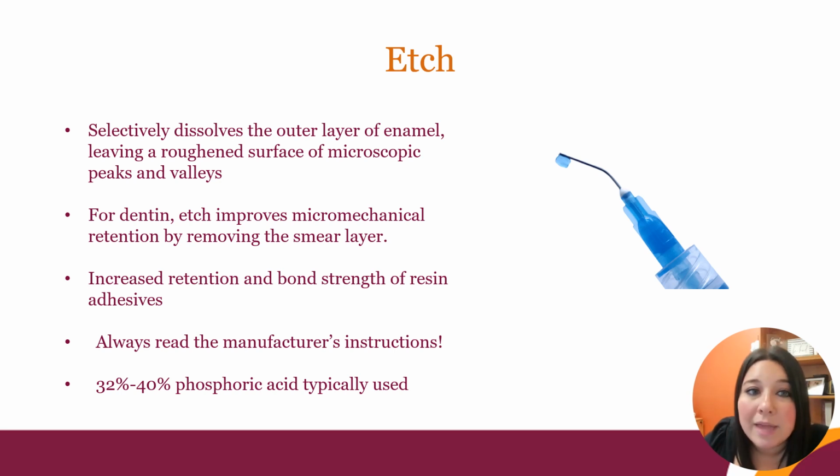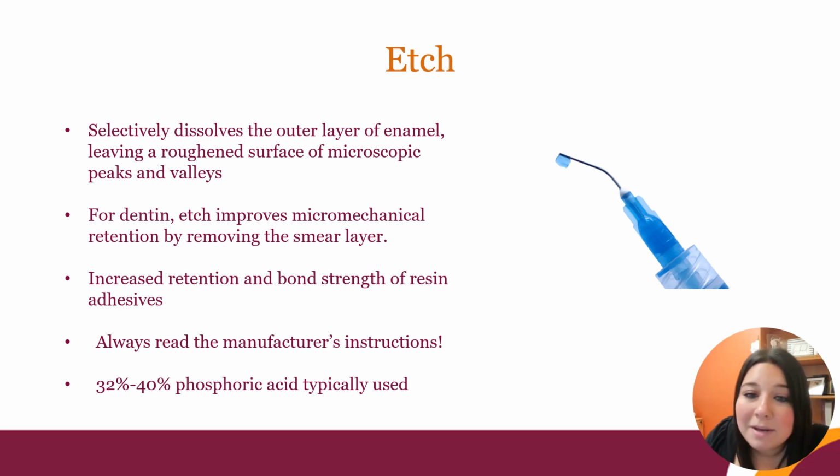It is important to note that enamel and dentin do respond differently to etching. For dentin, etch improves micromechanical retention by removing that smear layer, whereas for the enamel, it's just leaving a roughened surface with peaks and valleys that allow it to adhere better. Enamel is highly inorganic, while dentin is more of a hydrated tissue, so they just naturally respond differently.